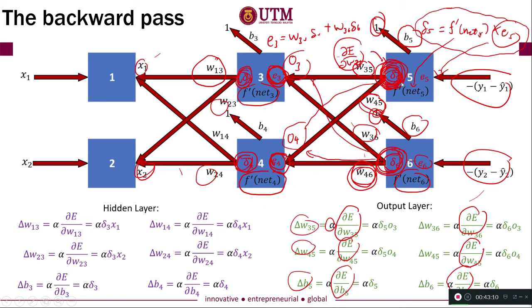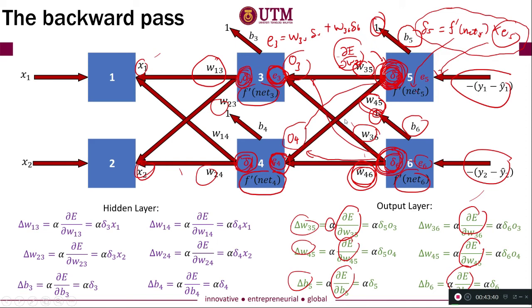If you talk about the local error, E5 and E6, which happen at the output layer, the expression for E5 is equal to this one, E6 is equal to this one. But to find the E3, you need to multiply W35 with delta 5, plus W36 multiplied with delta 6.